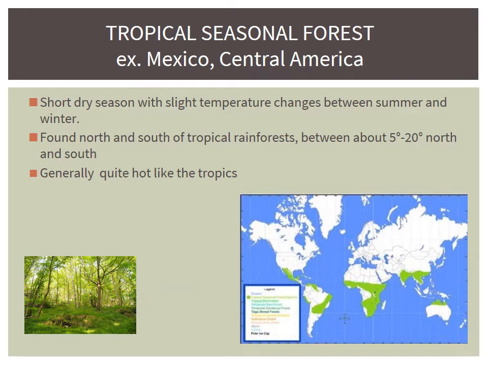Okay, so we're moving farther north as well as south of the equator, around 5 to 20 degrees north and south of the equator. You might think of this as a tropical area, but strictly speaking, this is a tropical seasonal forest. And what that means is basically there's only one season where it's wet and rainy.